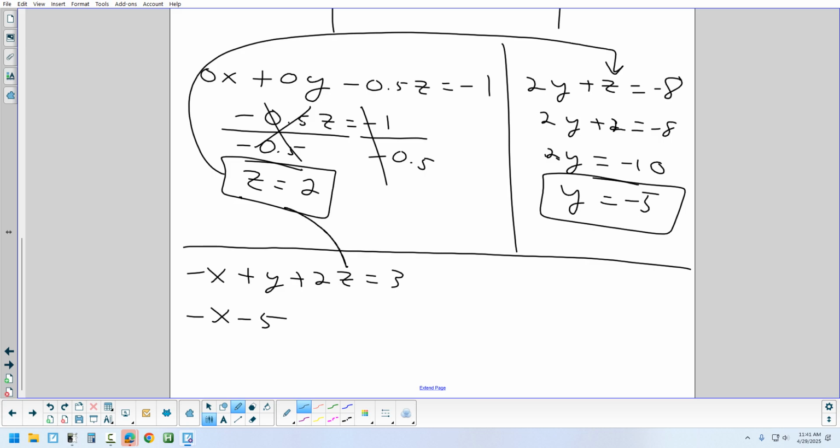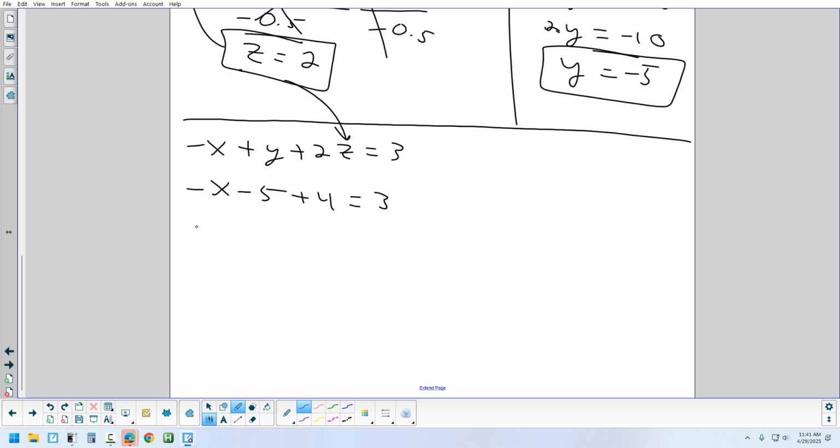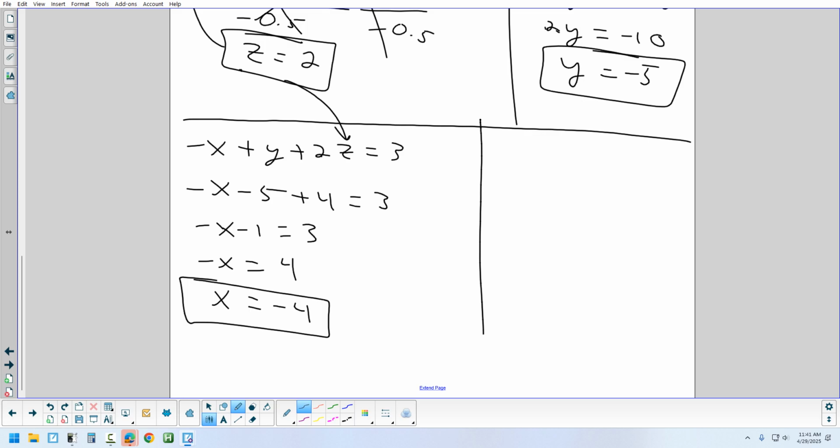Z we're going to fill in: 2 times 2 gives me 4. -5 plus 4 is -1. Add the 1, that's going to give you 4, which means now this is the extra step. You just got to change the sign. And x is -4. There you go.